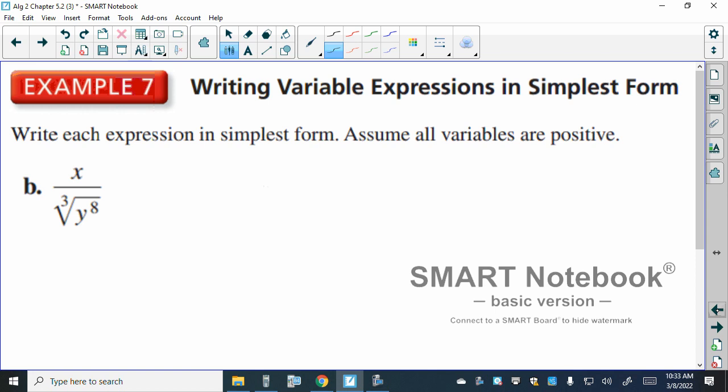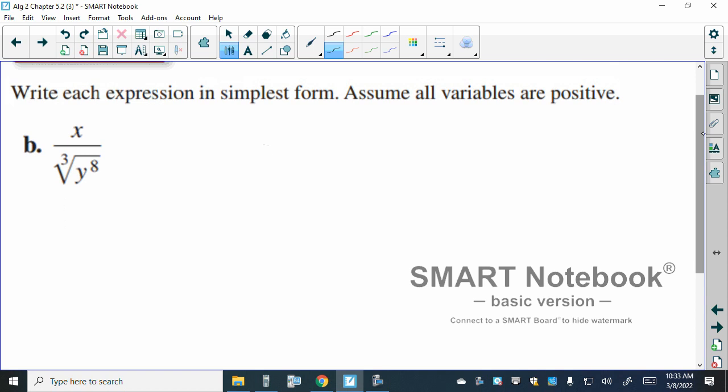So let's go back to this one here. Write each expression in simplest form. Assume all variables are positive. So x is already simplified. The denominator, we have the cubed root of y to the 8th.